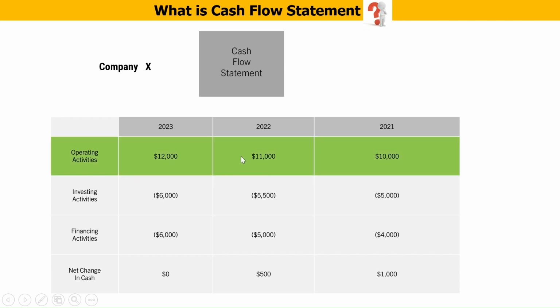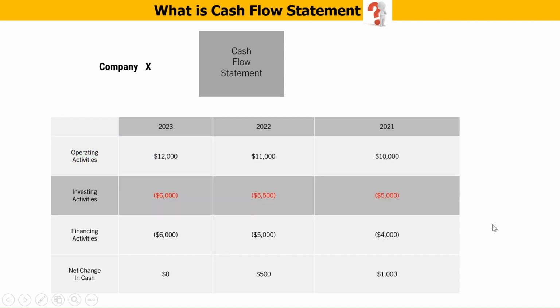Now, as we move down to the next line and we look at the investing activities, you will see that they are all negative. And like I said before, this is a good thing, because this means that he's taking $5,000 in 2021. He is going to take that $5,000 off of that $10,000 that his company produced, and he is investing it.